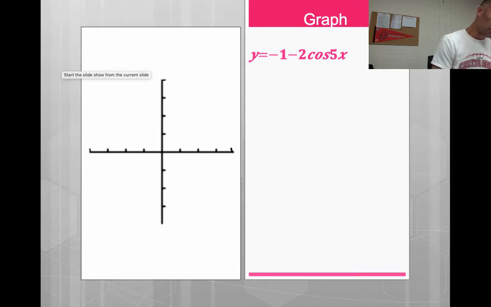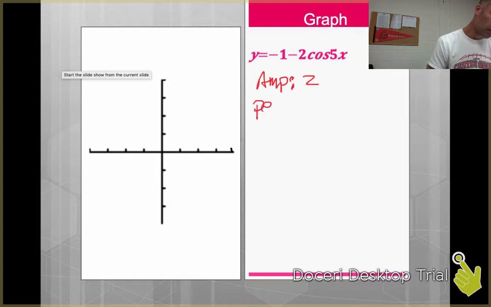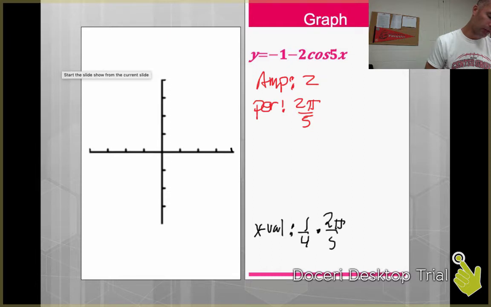All right, so we've got y equals -1 minus 2 times the cosine of 5x. So we got a lot going on here. So my amplitude is the absolute value of -2, which is 2. My period is going to be 2 pi over 5. Now let's talk about the x values. So my x values, remember, is going to be 1/4 times your period, which is 2 pi over 5.